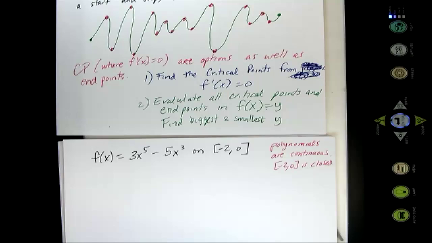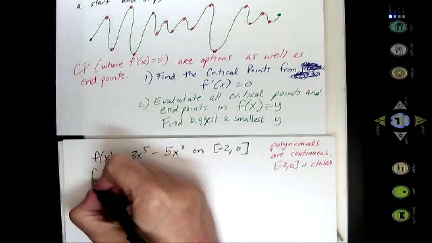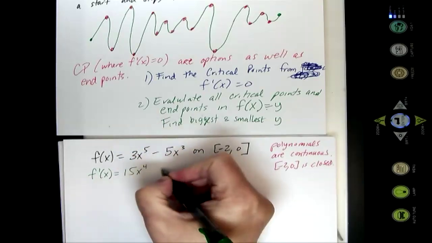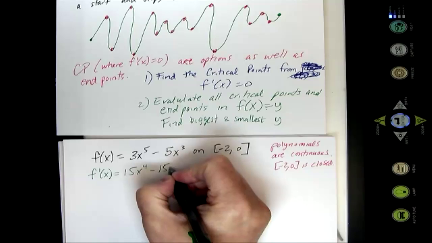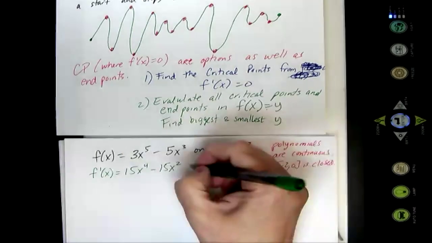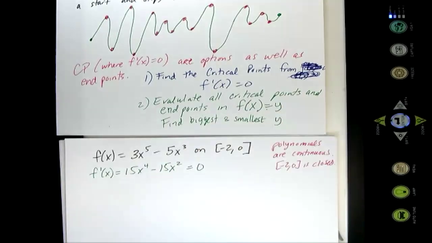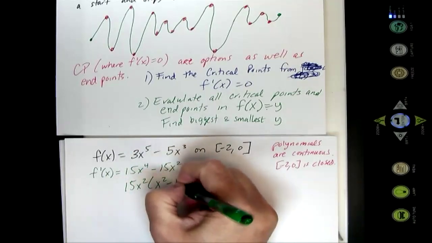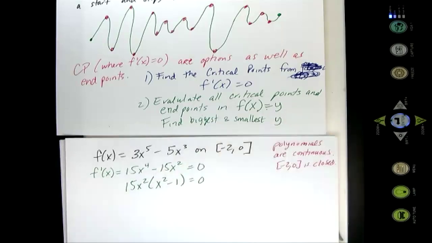So what is the first derivative? 15x to the fourth minus 15x squared. And we want to find out where that equals 0. I can factor out a 15x squared and have x squared minus 1 left.